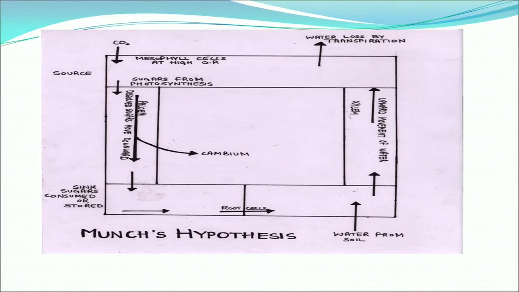In leaves the food gets prepared, and the food is transported by the phloem sieve tubes to different parts of the plant. You can see in this illustration the downward movement is also there, and there is another arrow denoting how the organic solutes are also transported to the cambium.